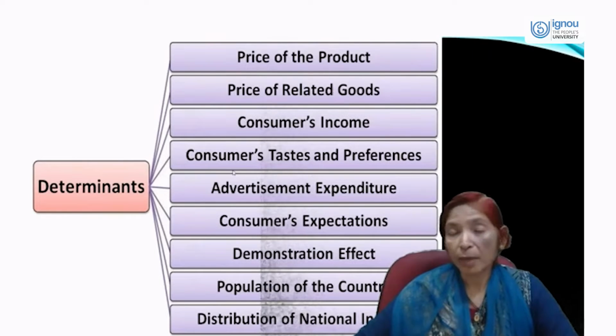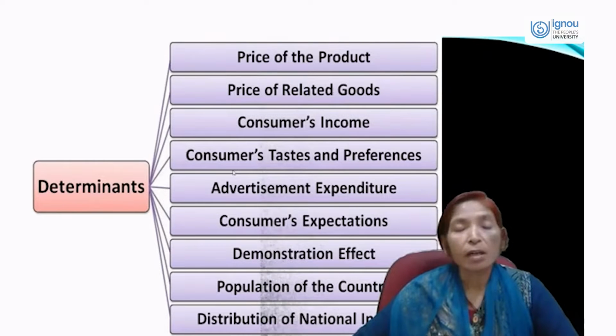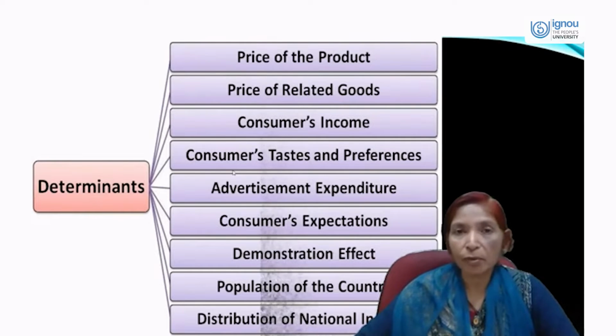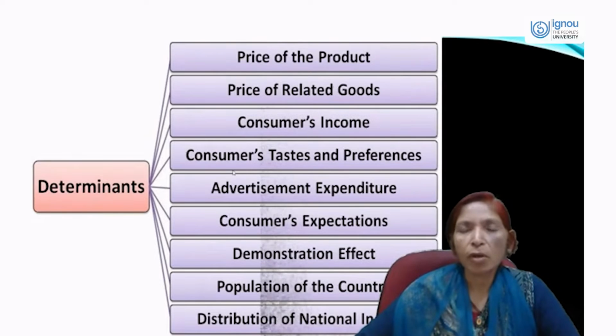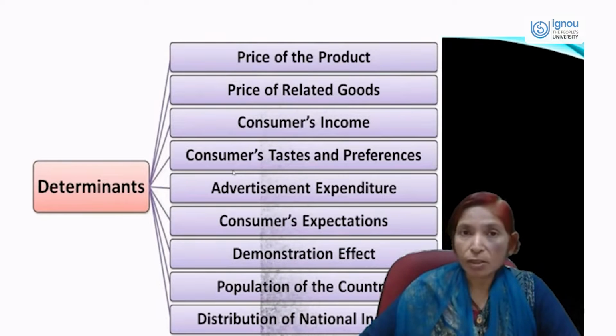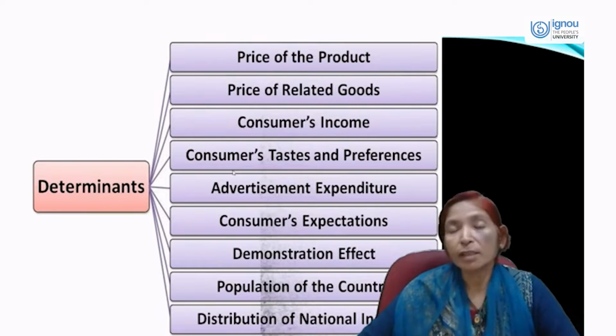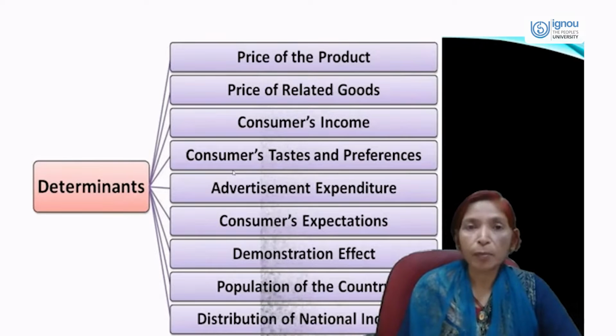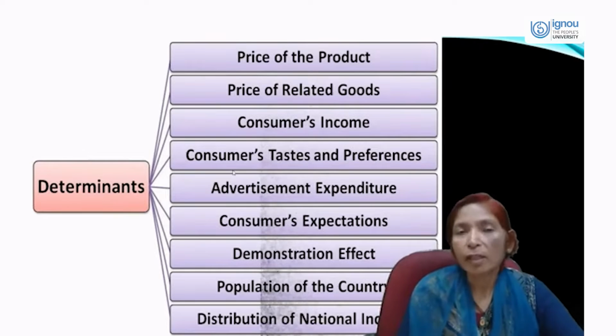Tone milk's price is less than full cream milk. But if a doctor prescribed tone milk, then it will not be called inferior. But if you are buying tone milk due to its lower price and your income is also lower, then that is called an inferior good.